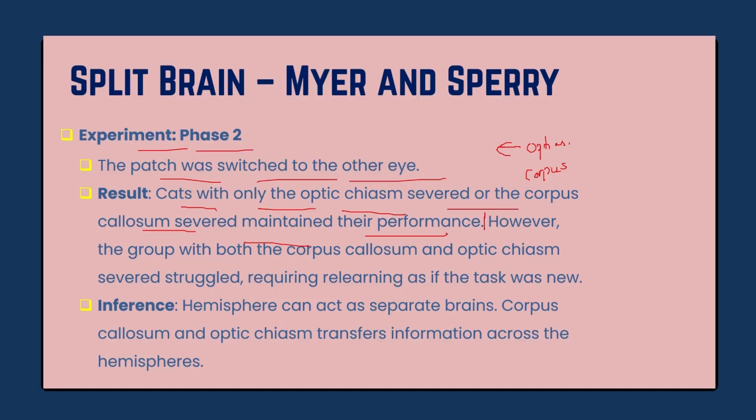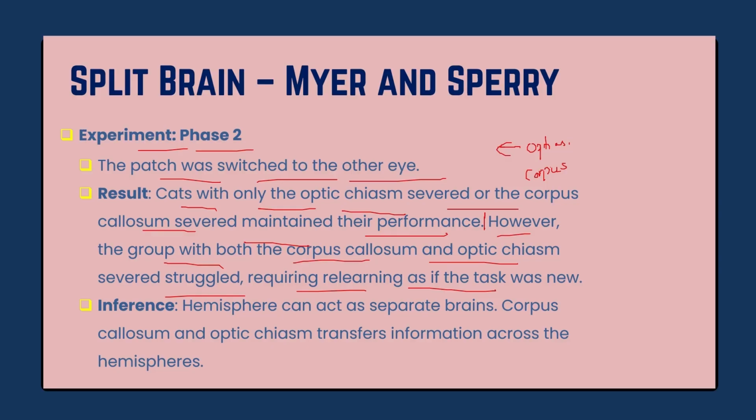So the performance was maintained. However, the group with both the corpus callosum and optic chiasm severed struggled, requiring relearning as if the task was new.